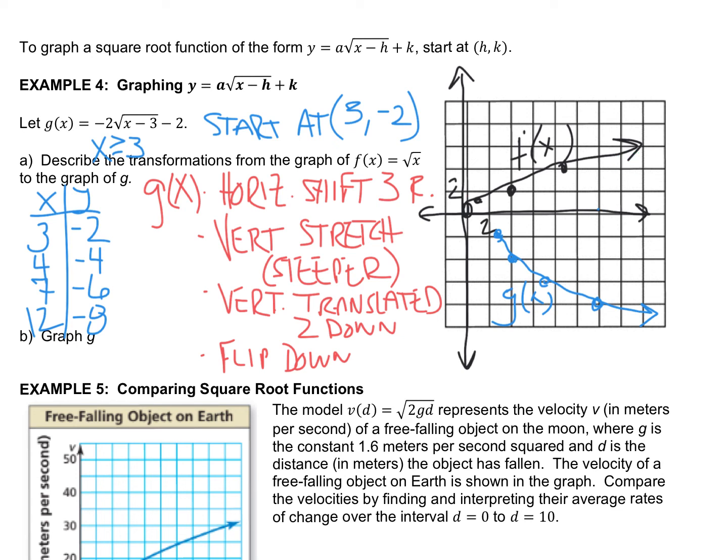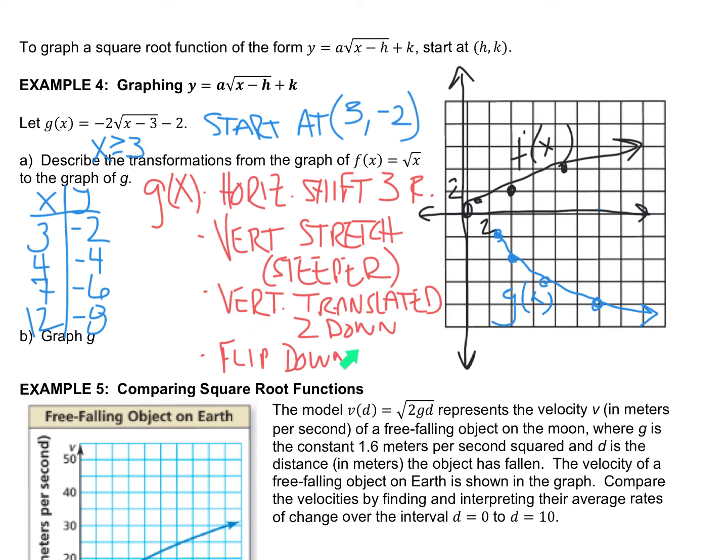So the transformations that we see, when we talk about the horizontal shift, that is coming right here. So that's telling me 3 to the right. So it was here, now it's over here, 3 to the right. The vertical stretch, that's this number out front, the 2, meaning that it's climbing steeper, or in this case, dropping steeper. Notice how this one's steeper than this one up here. So that's the vertical stretch, which is because it's steeper.